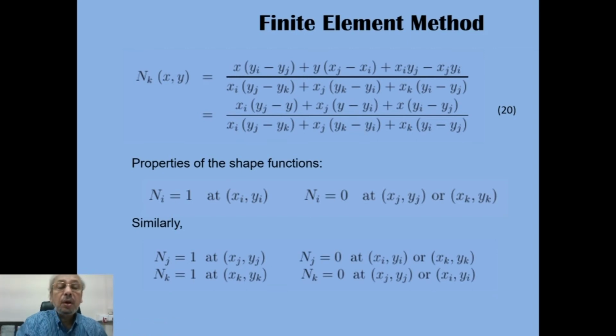So if we recall what we studied in our first lecture on finite elements, this Ni, Nj, Nk have unique properties: at the point where it is defined, it will have value of 1, and at other points it will have 0.